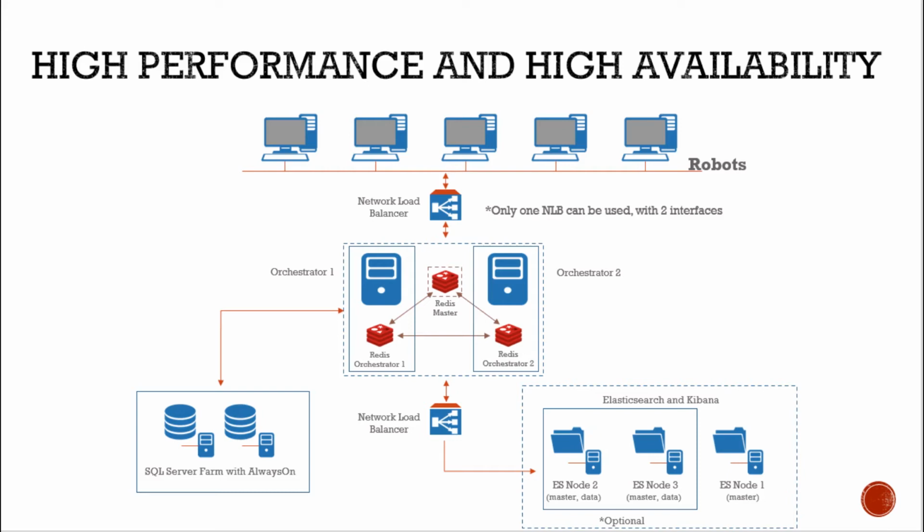And the orchestrator then has a persistent layer in terms of SQL Server, and the SQL Server will be running on a SQL Server Always On availability group, which splits the SQL Server into two parts: the primary data and the secondary data part, and it manages itself.